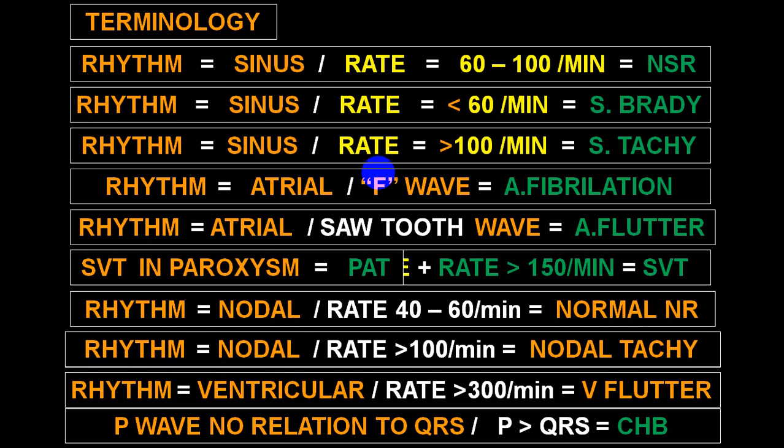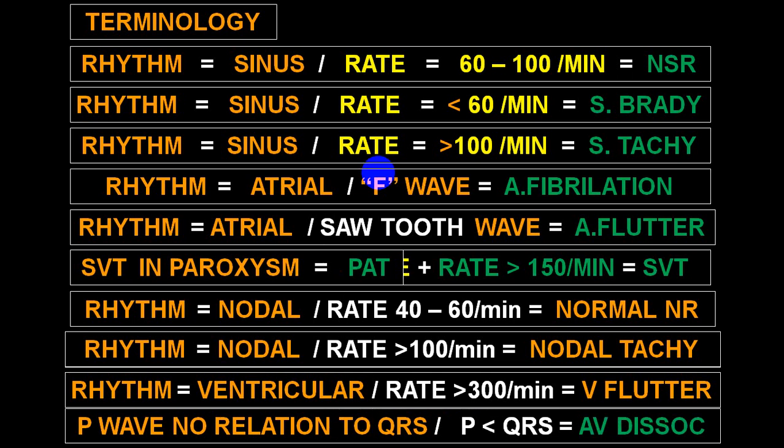The QRS complex may be narrow or may be broad. You can have a broad complex complete heart block, you can have a narrow complex complete heart block. If the P wave has no relation to the QRS complex, and the QRS complexes are more than the P waves, it is classical AV dissociation.